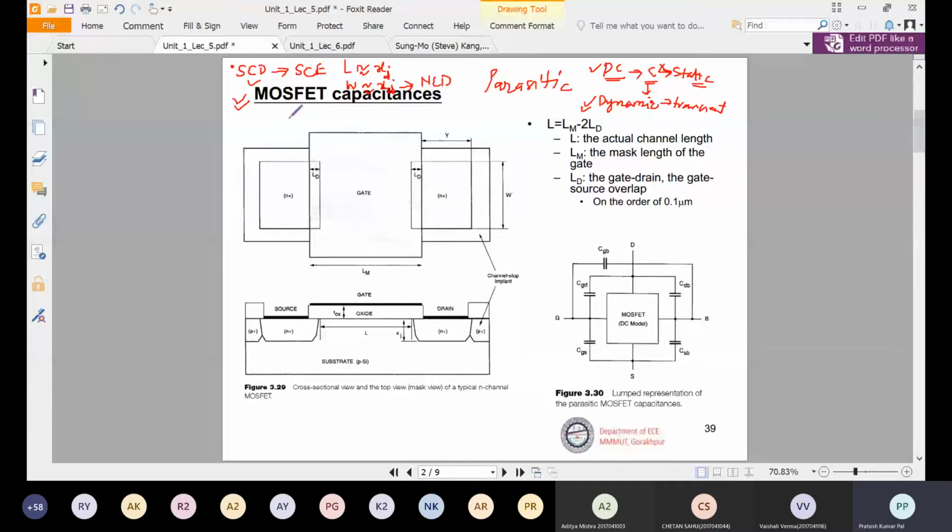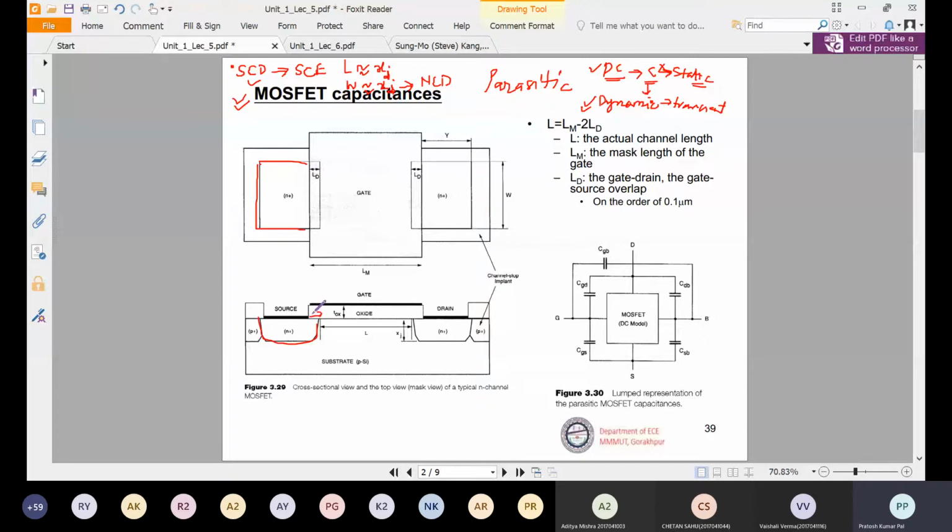So this is the top view of a MOS device structure. This is the gate region, this is your drain, and this is the source. This region, seen from the top, is called the overlap region. It is the overlap between the source and the gate.